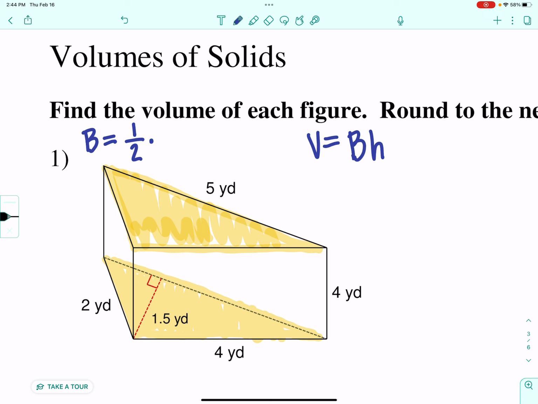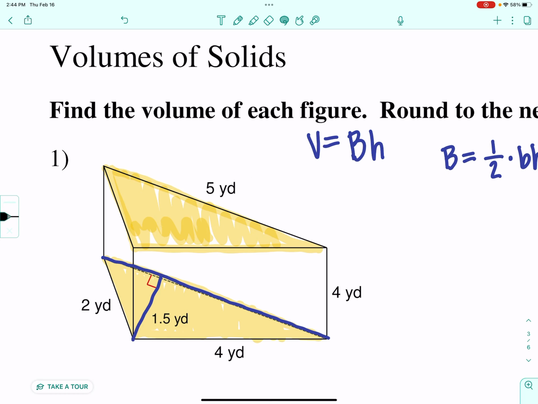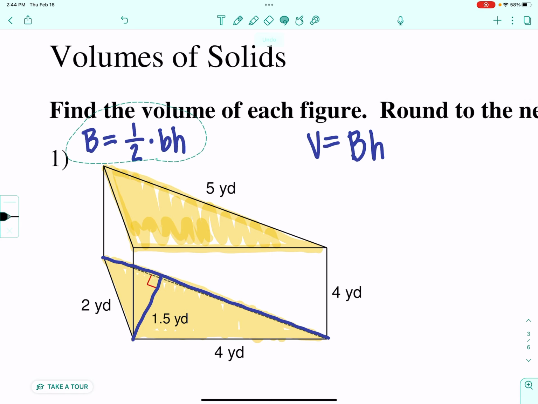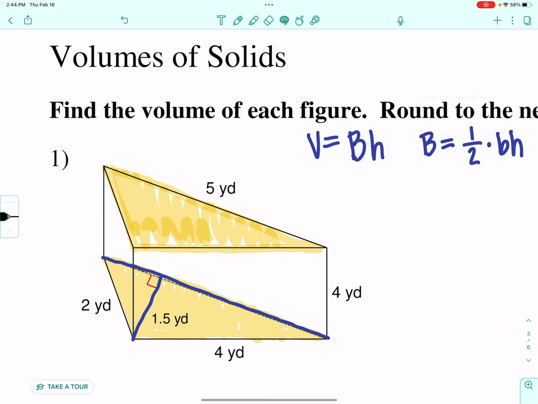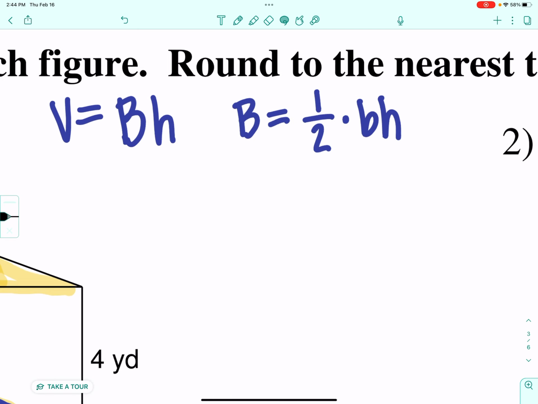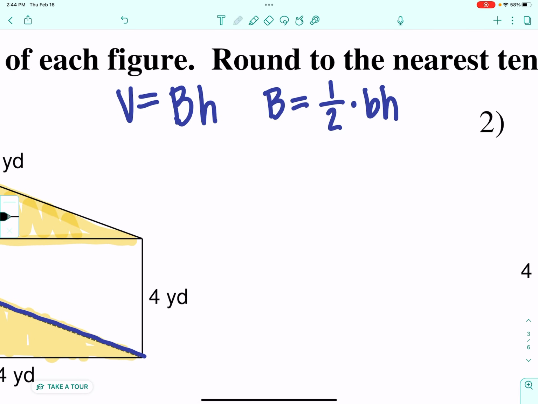That's going to be 1/2 base times height, but we're using the base and the height of the triangle. We're not worried about the rest of the prism right now. We're just going to focus on the triangle. I'm going to move this over here. This is just for my triangle.